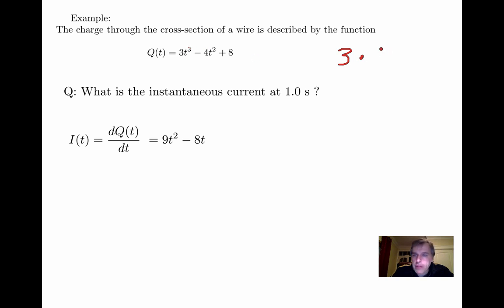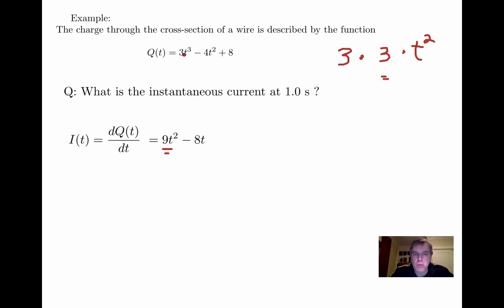The derivative of t cubed is you bring down the exponent 3 multiplied by t squared. You decrease the exponent by 1. So the derivative of 3t cubed is just 9t squared. It's written here. That's where the 9t squared comes from.